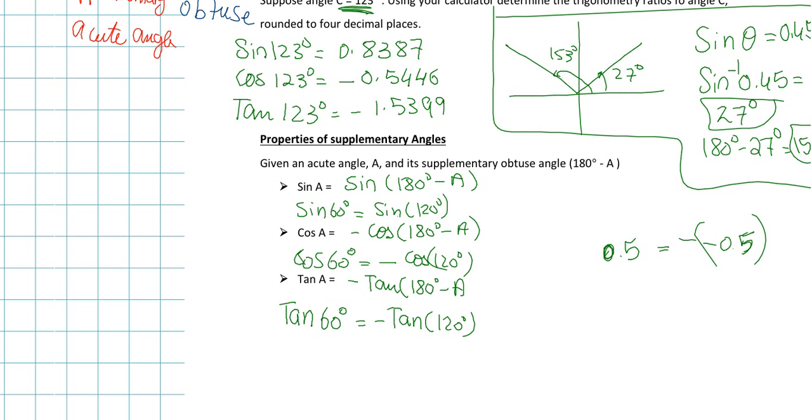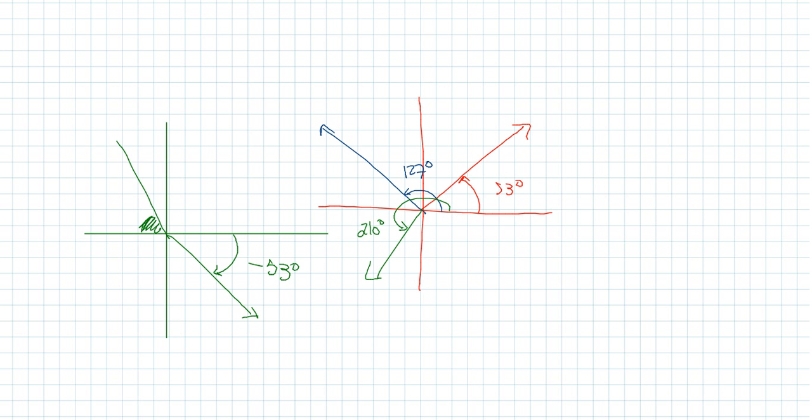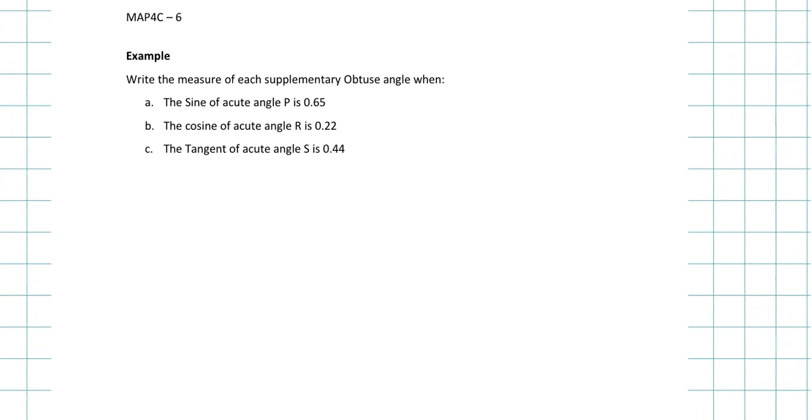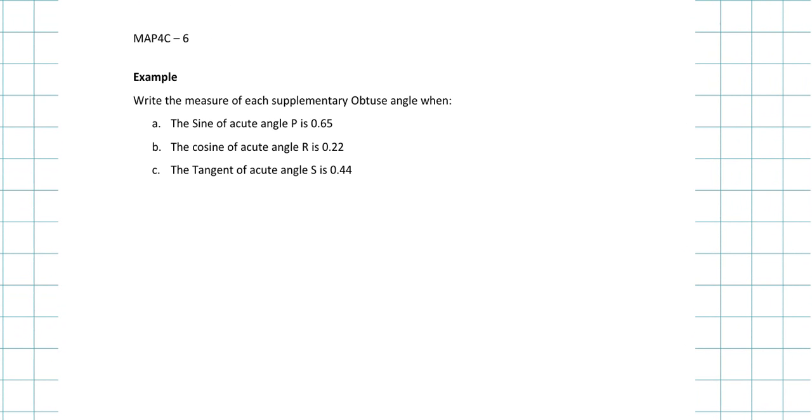Look at the question and listen to it. Write the measure of each supplementary obtuse angle. So what angle do they want? The obtuse. So if your answer ends up being acute, you're going to have to find the obtuse. So the sine of acute angle P is 0.65.